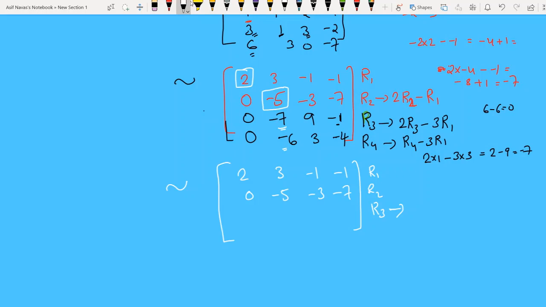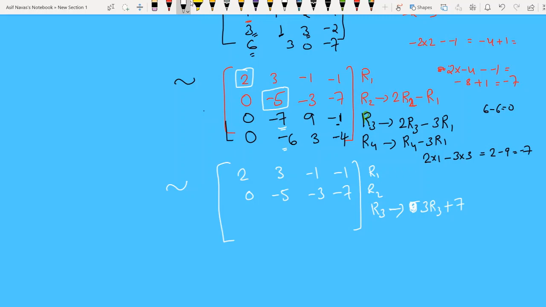Okay, tell me what is the operation? 5 R3 minus 7 R2. R3 equals 5 R3 minus 7 R2. We want to make R2, so 7 R2.